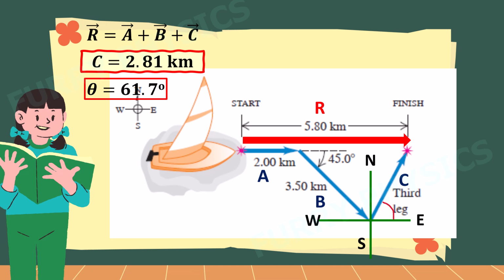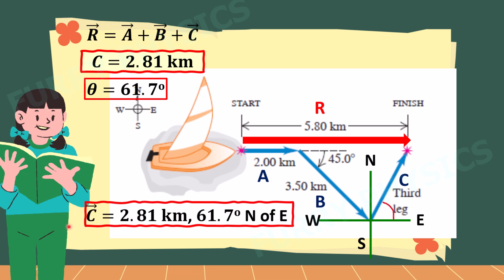And this angle here is 61.7 degrees. Therefore, we say that the third leg is 2.81 kilometers, 61.7 degrees north of east, because the angle is measured from east going north. So we say north of east.